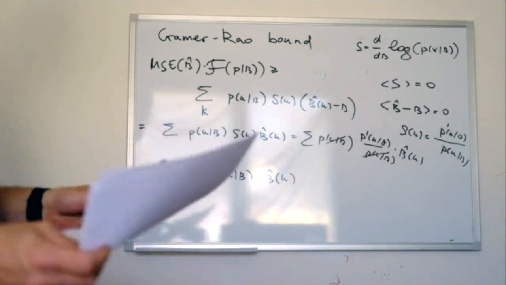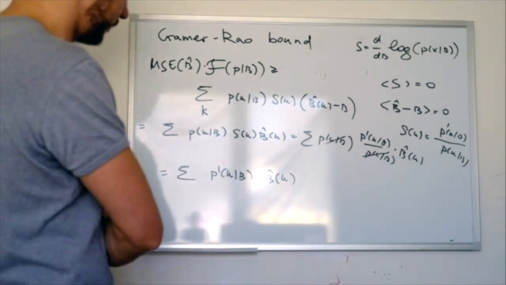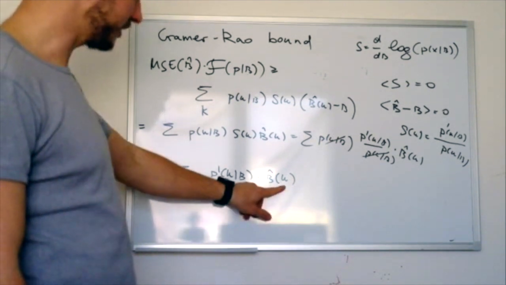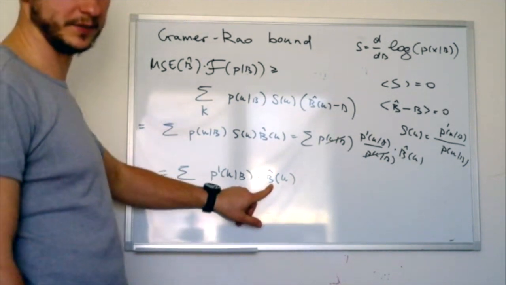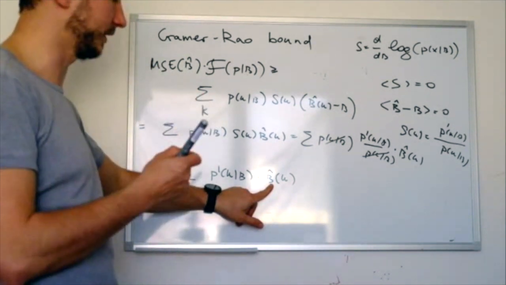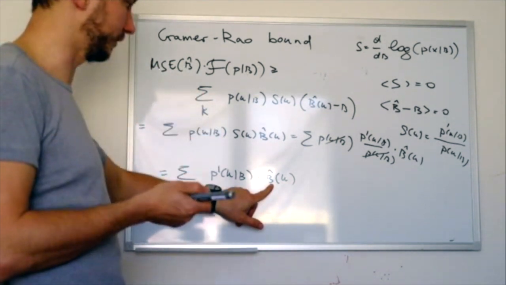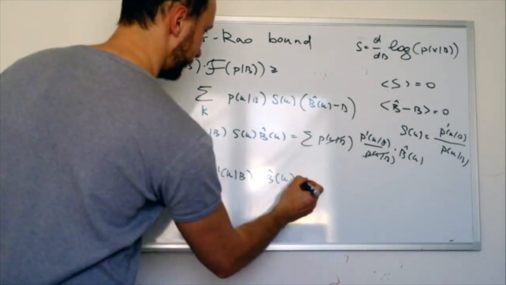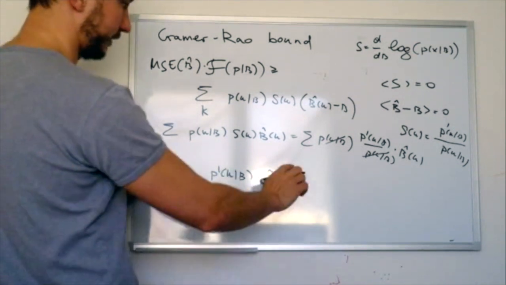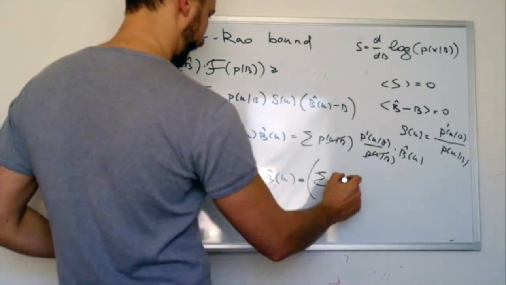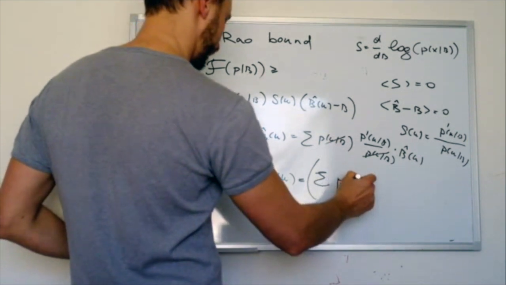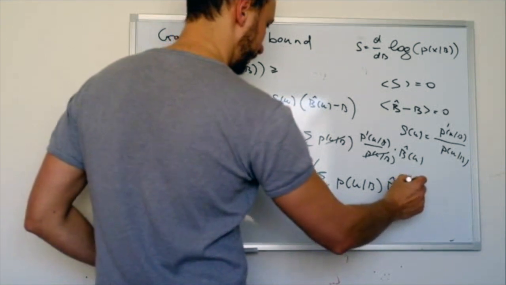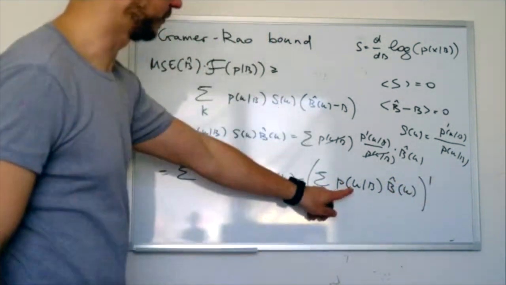Yes, you see the only thing here, what is this? This is just a function of k. The estimator is a function which only depends on the outcome. It doesn't depend on the true value because we don't know the true value. It's only defined on k, so it has no dependence on b. In other words, we can just put this derivative outside, because the only thing here which depends on the true value b is the probability of outcomes.